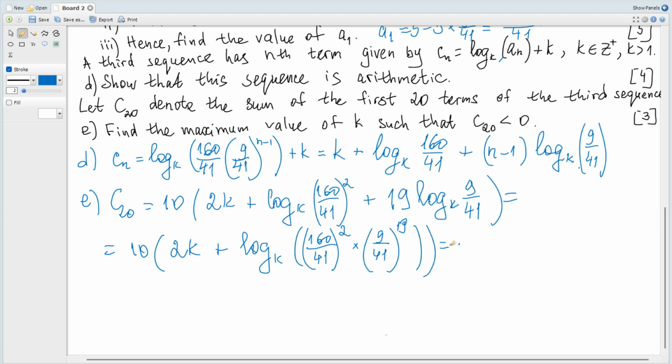And it is equal to 10 times 2k plus log to the base k of, denominator 41 to the power of 21, and numerator 160 squared times 9 to the power of 19, and it must be less than 0.